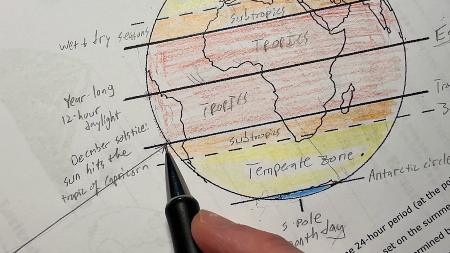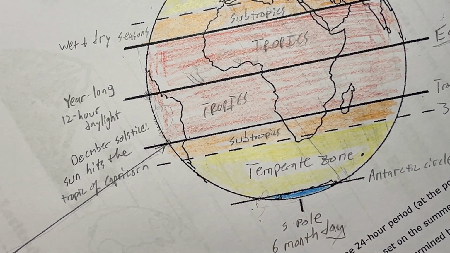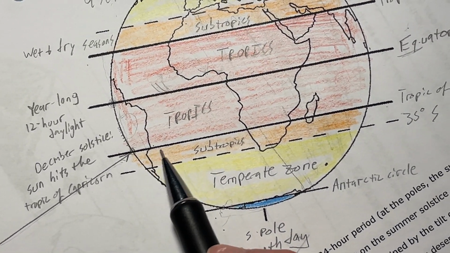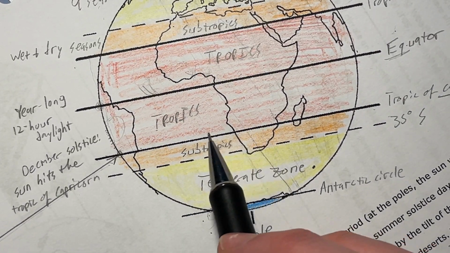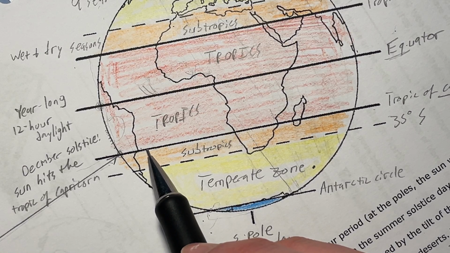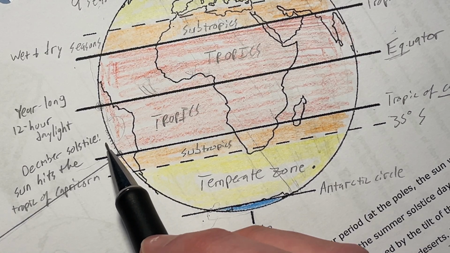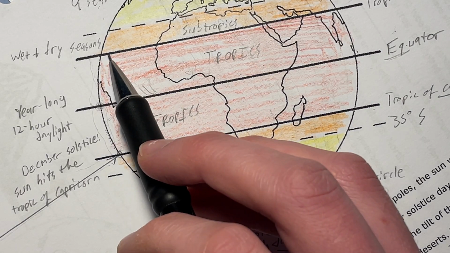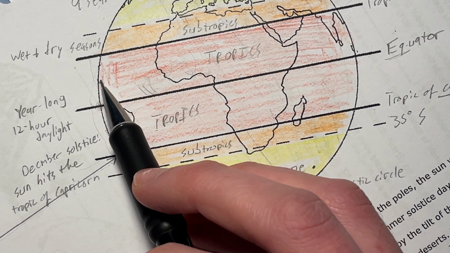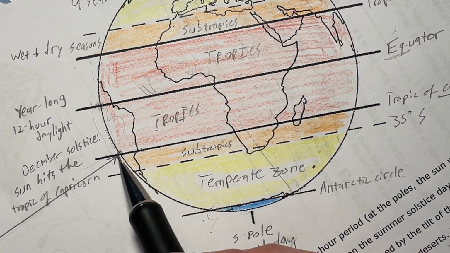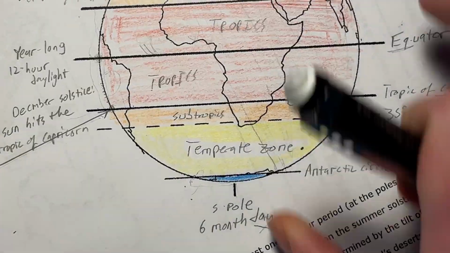That's how we define the Tropic of Capricorn: by when the sun rests right over it in December. Then as we go January, February, March, the sun points up here. March, April, May, June, up here it points. July, August, September, October, November, December, as the Earth is going around.